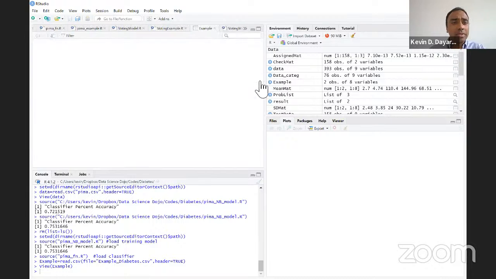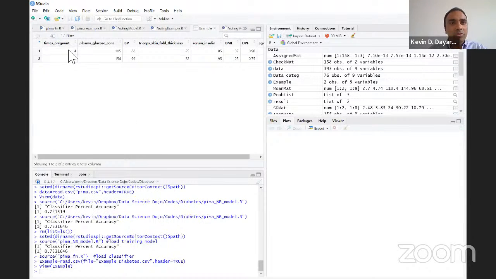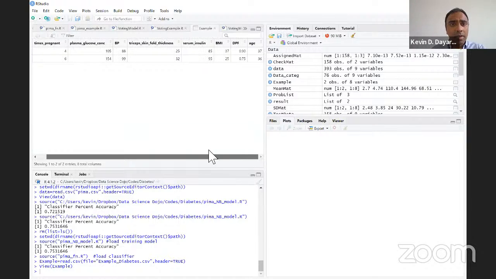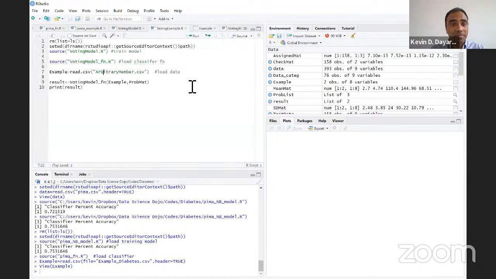I put two examples here. The patient was pregnant 4 times, plasma glucose concentration 105, and so forth. And then I had another patient here, pregnant 6 times, plasma glucose concentration 105, and so forth. So how does this model predict? Let's find out.